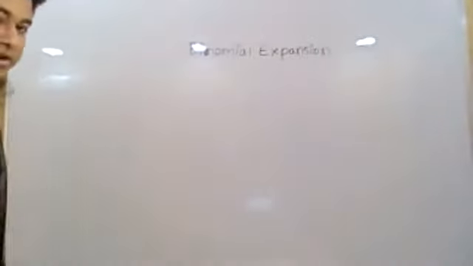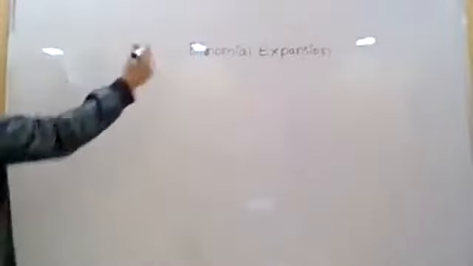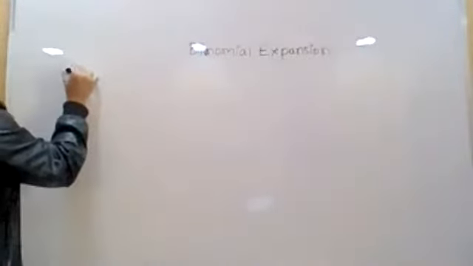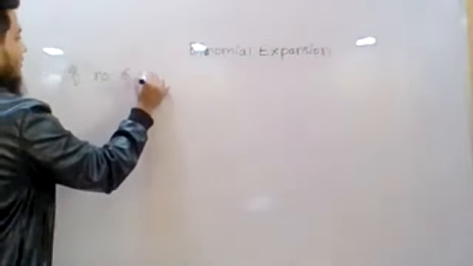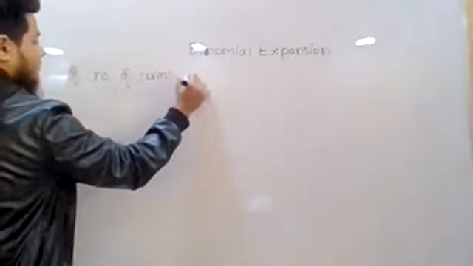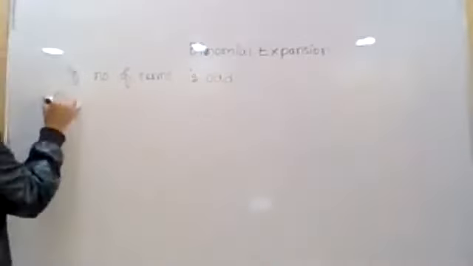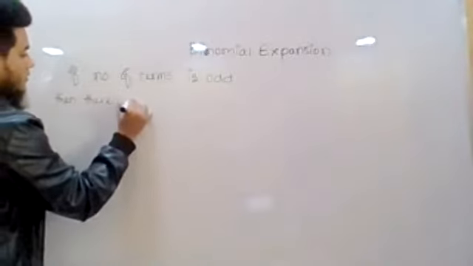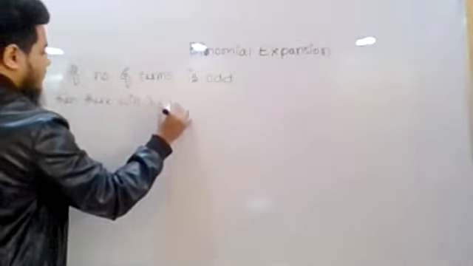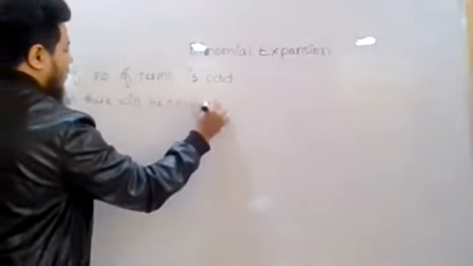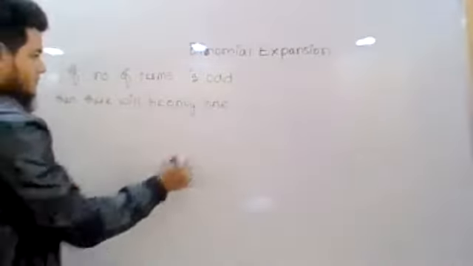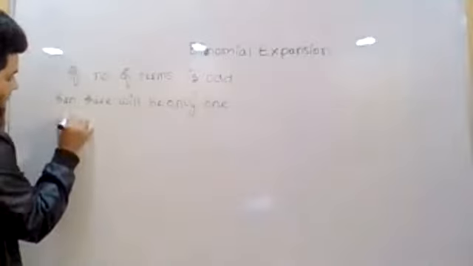Now, let us talk about finding the middle term. Okay. So if the number of terms is odd, then there will be only one middle term.